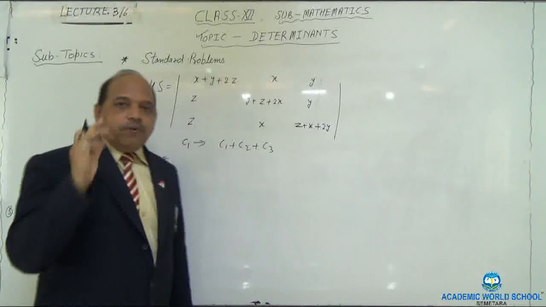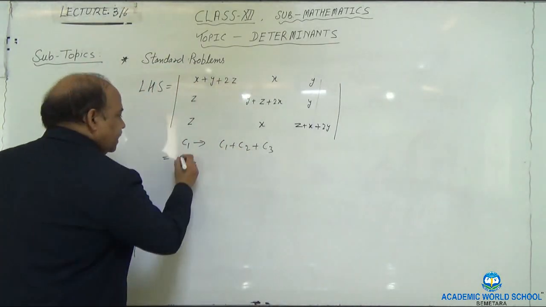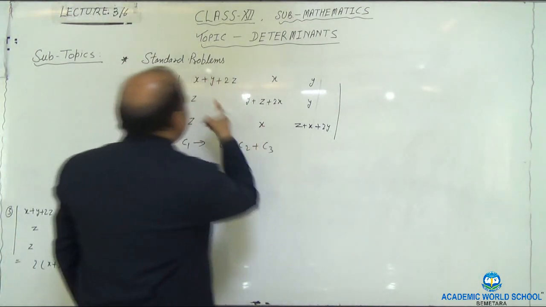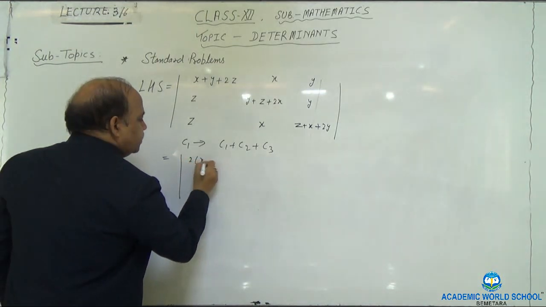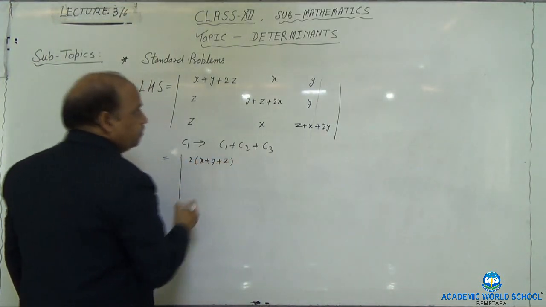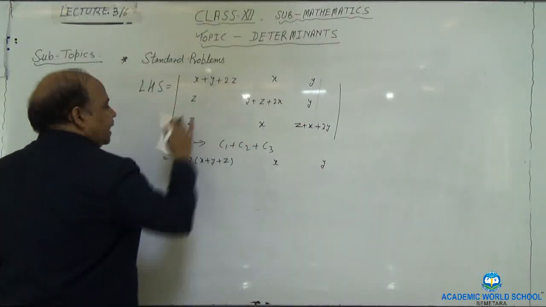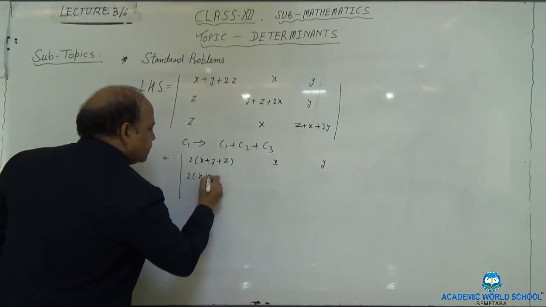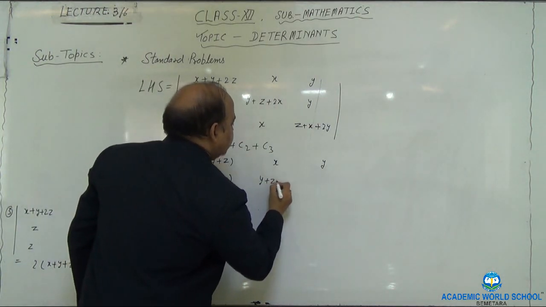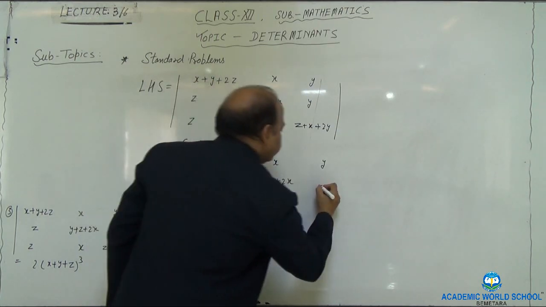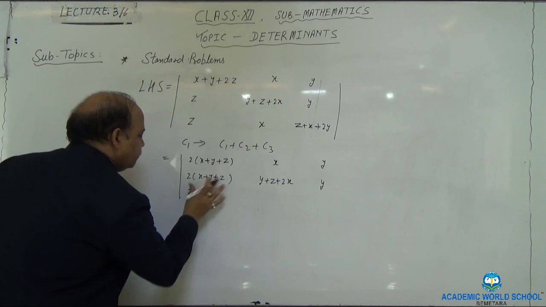Remember that. Always think about what it is that you have to bring. So if we do this and add all this, we get 2 times x plus y plus z here. Then x, y are all added here, 2 times x plus y plus z, and the rest will remain as it is: y plus z plus 2x, y, add all this, z.